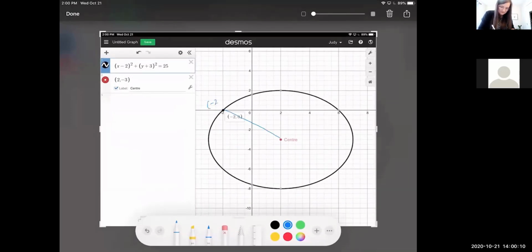Between negative 2, 0, which is a point on this circle, and 2, negative 3, which was our center, that distance, if I calculate the distance, should be 5. And you'll notice when I calculate distance, that's essentially this equation. So really a circle definition is a distance equation with a general x y term.